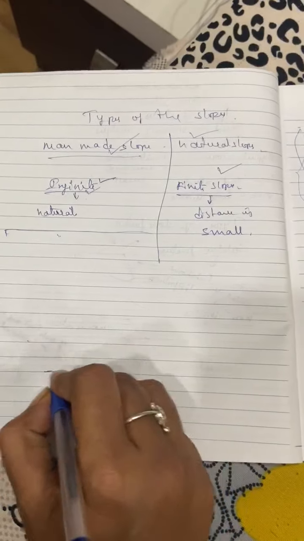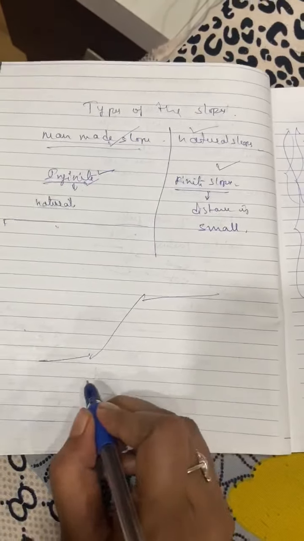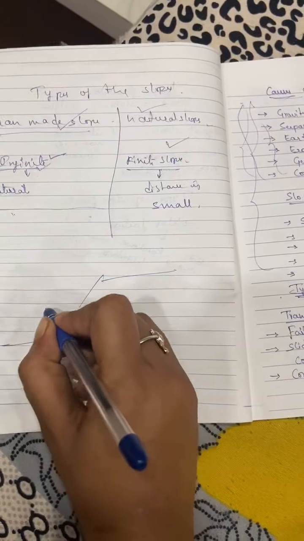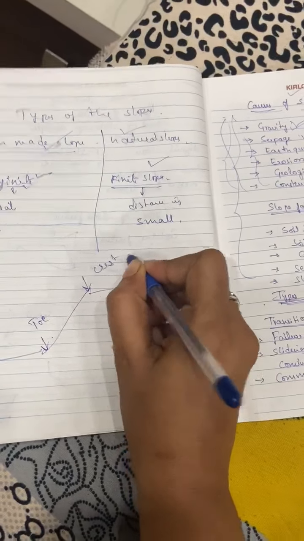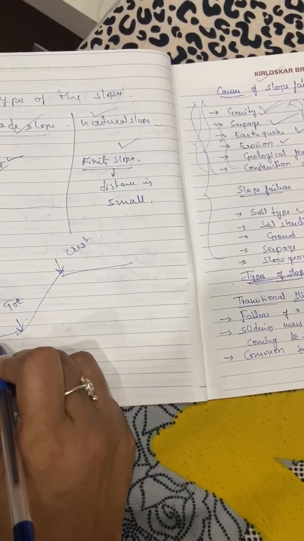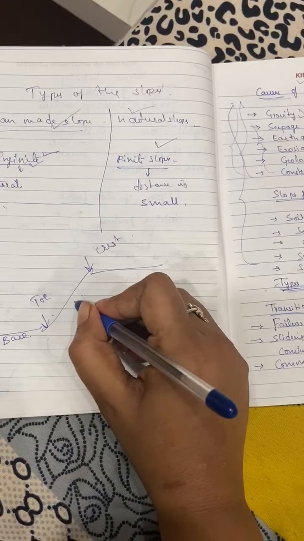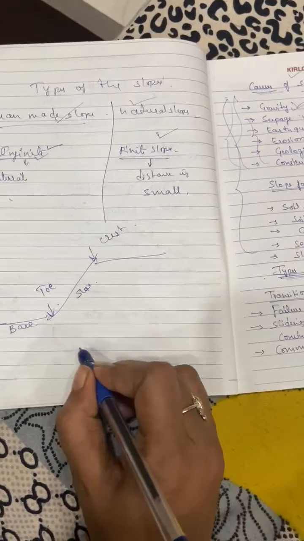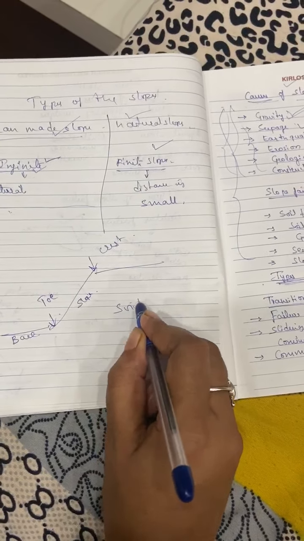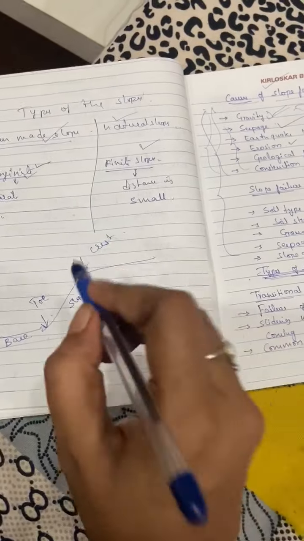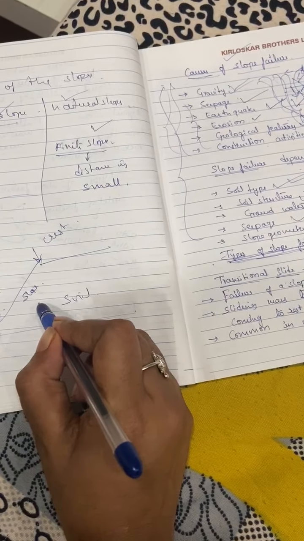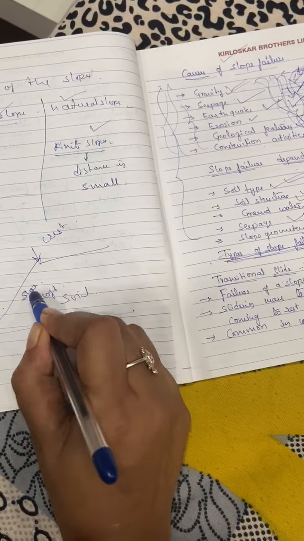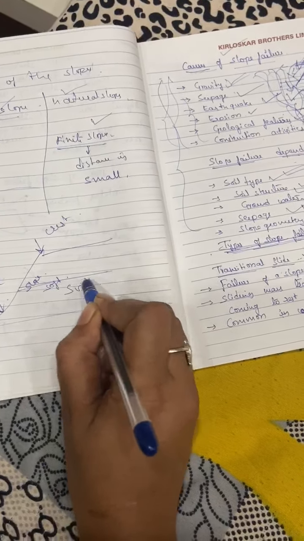What happens in the translational slide? If this is your slope, this we will call the toe, and this part we will call the crest. This is the base, and this inclined portion is the slope, and here you have total soil. While constructing the structure, say this span is soft soil.